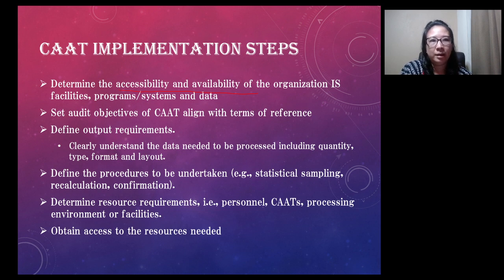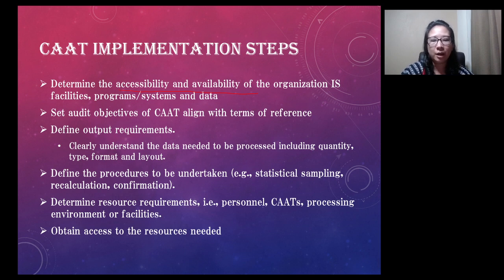Is it directly doing the simulation in the system, or do we want to extract first and then analyze? It depends on what CAAT tools you want to use, and then you need to define the procedures. Then define the resource requirements, for example, do you need an admin, personnel, a programmer, a server, or hardware, whatever resources you need.